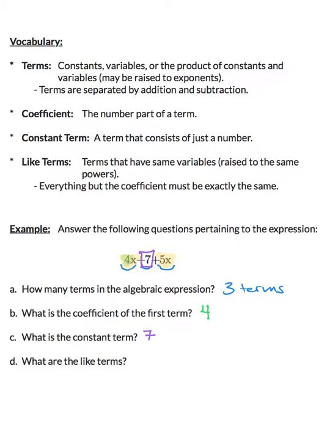These are considered our like terms. So hopefully that makes a little bit more sense and that we are good with these vocabulary words. We will be using these throughout the semester whenever we talk about simplifying expressions.